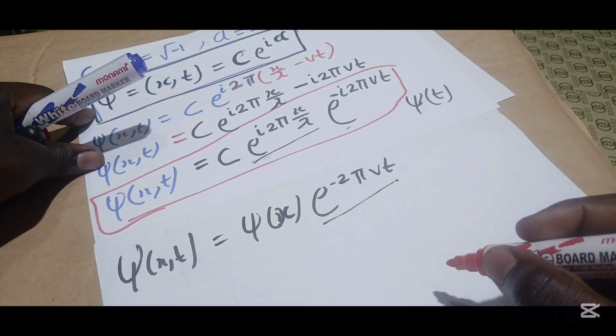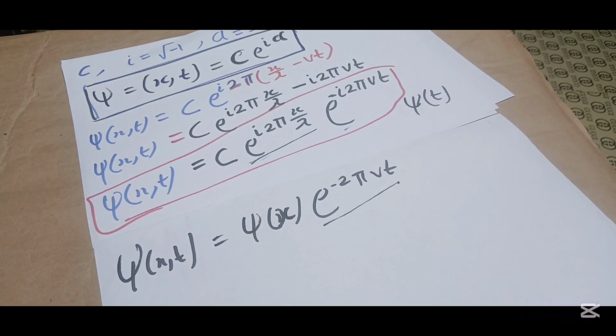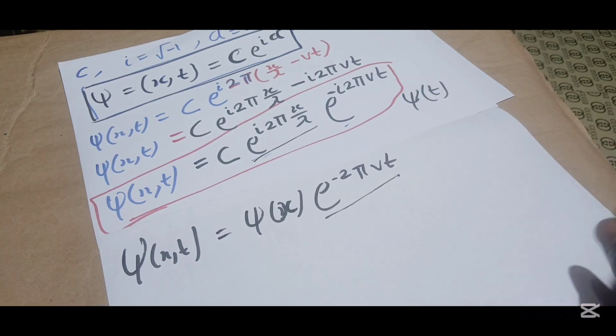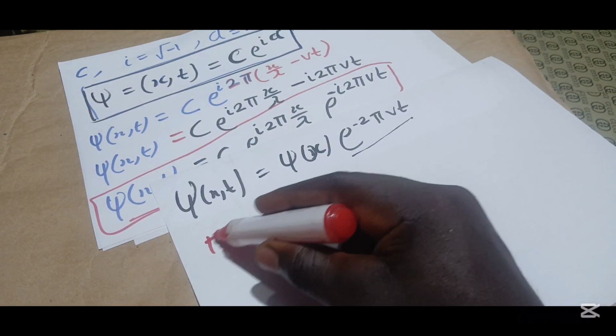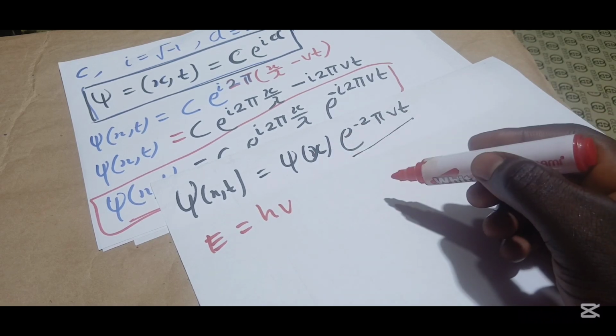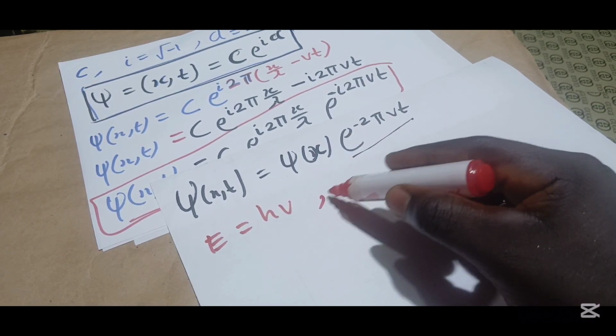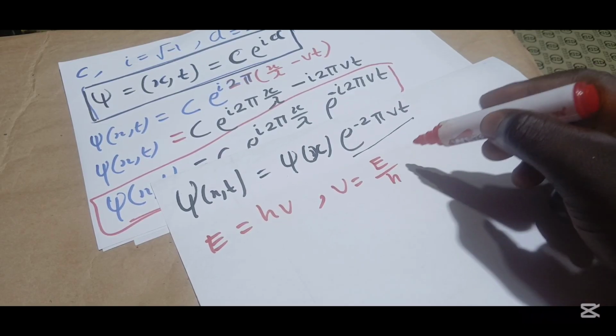So now what we are going to do is to introduce the de Broglie and then Planck relation. So the Planck-Einstein relation is E equal hv, and let's make v the subject. So v equal E on h.